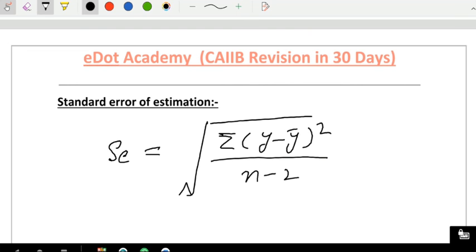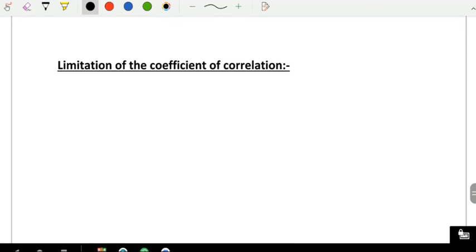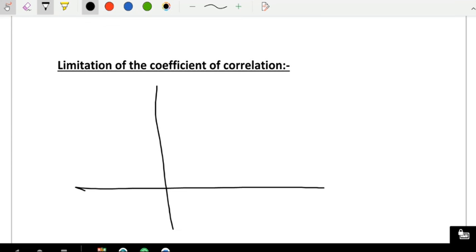So we have arrived at the last point. What are the limitations of the coefficient of correlation? There is one limitation: if in a graph we are not able to get a linear equation, then we cannot estimate. Let's suppose I'm able to draw the graph like this. If I plot x and y on the graph and get points like this, like this, like this, then we cannot establish a linear relationship.